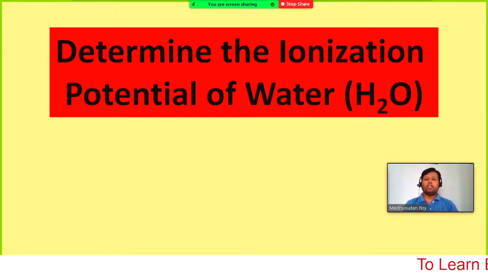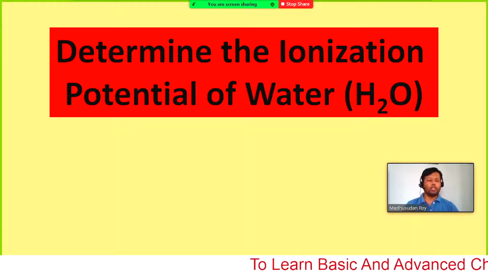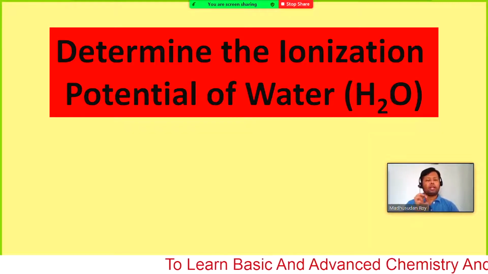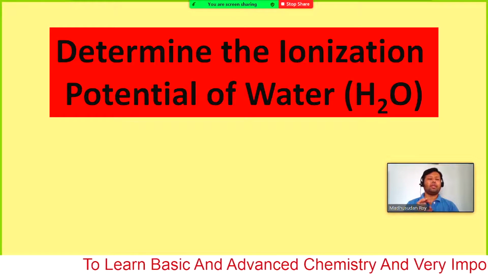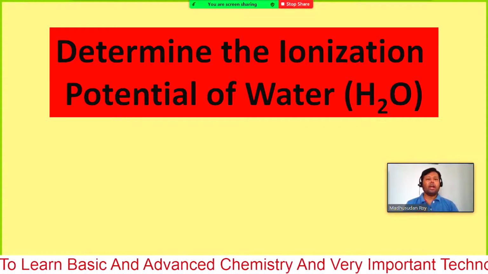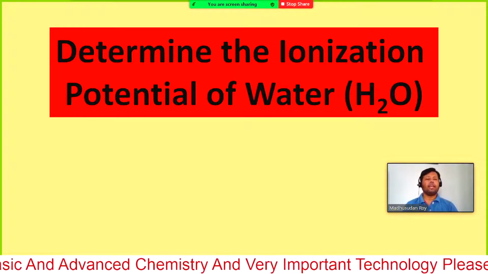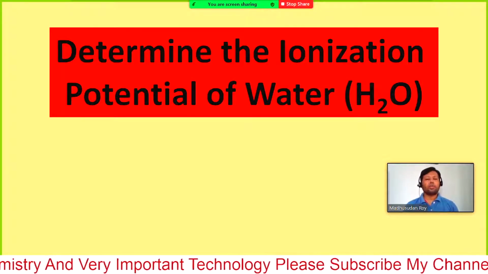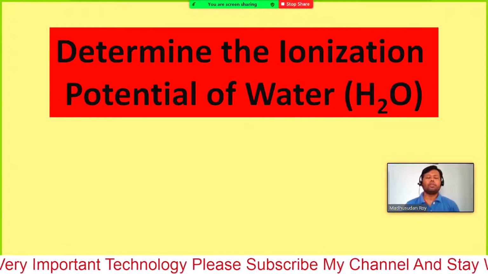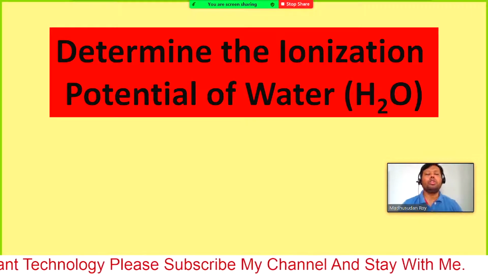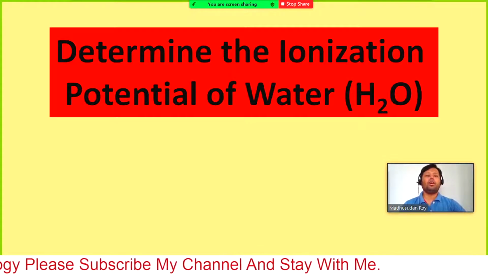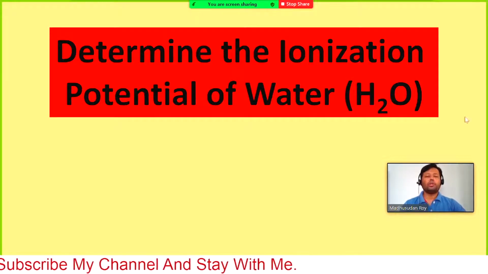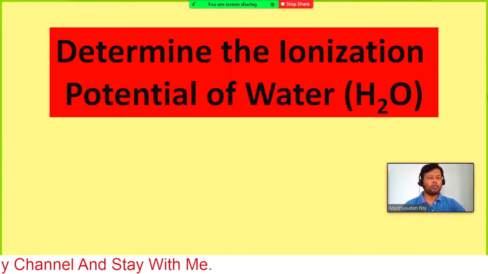You just have to find out the energy of two different molecules, water as neutral and water as ion. So how can we estimate the energy of a molecule? You have several ways from experiment, but today we will use a simulation or computation procedure so that we can find out the energy of the water molecule.